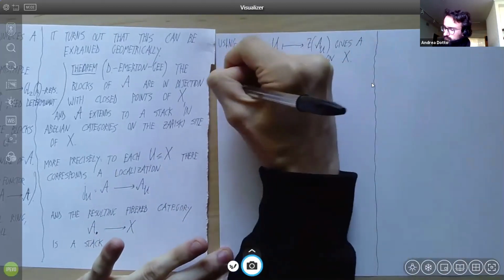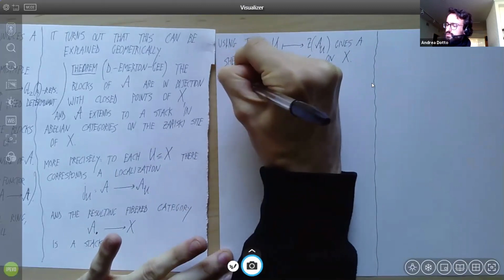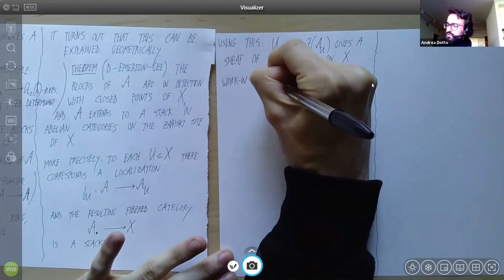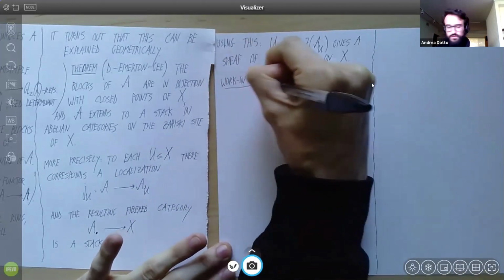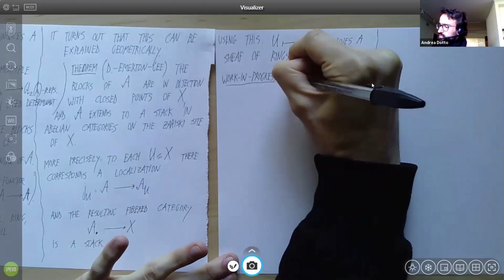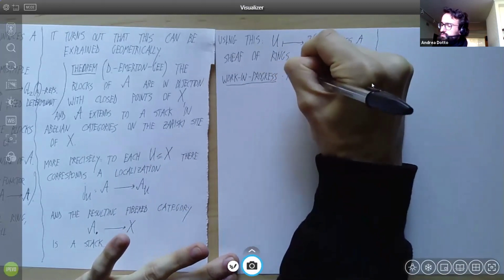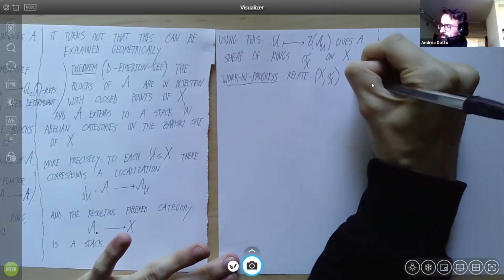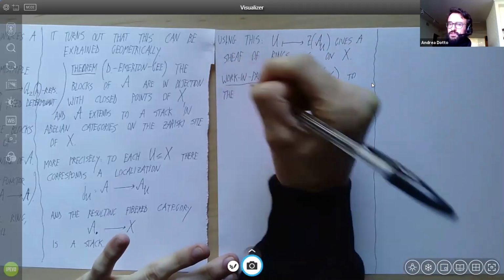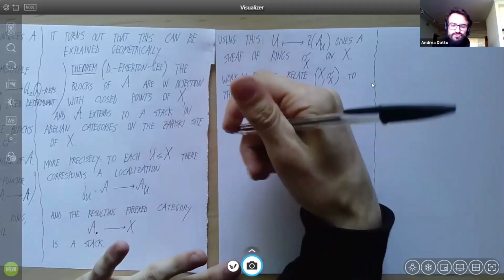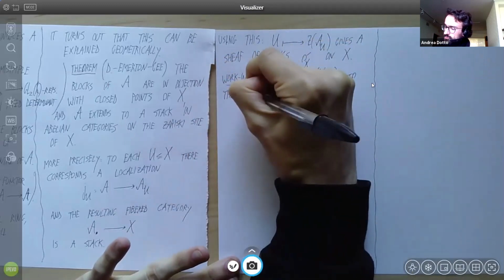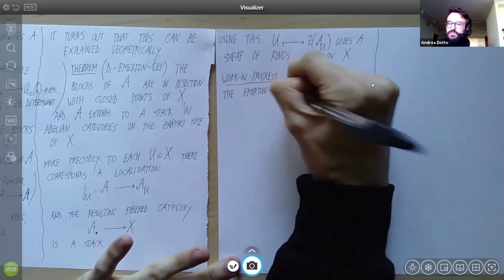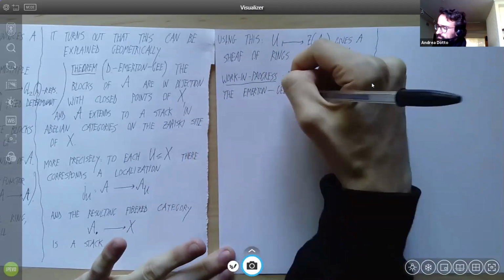Some work in progress tries to tell you what the resulting ring space is. It should be possible to relate this ring space X of O_X to a moduli space of Galois representations, namely one of the Emerton Gee stacks, the Emerton Gee stack for two-dimensional representations of the absolute Galois group of Q_p.